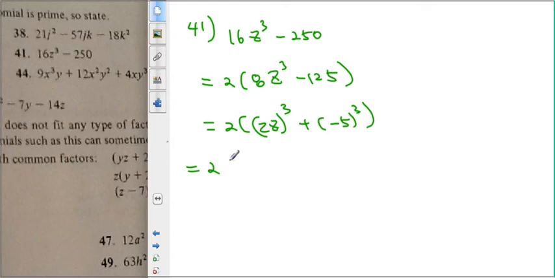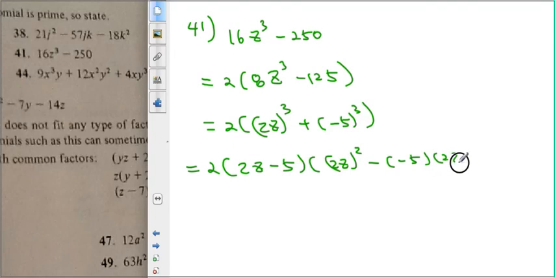Then here I'm going to put 2 as it is. Then we get 2z minus 5, and then 2z squared, and then minus negative 5 times 2z, and then the last one squared, which is plus 25.